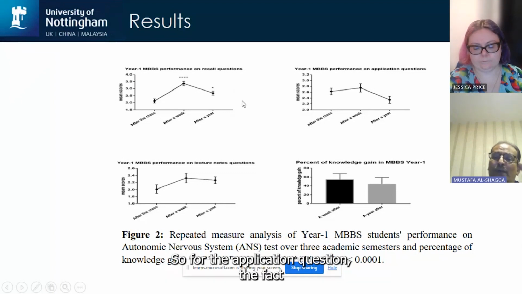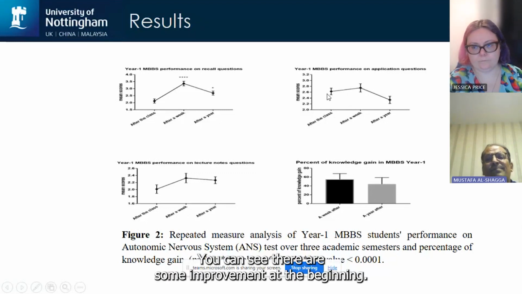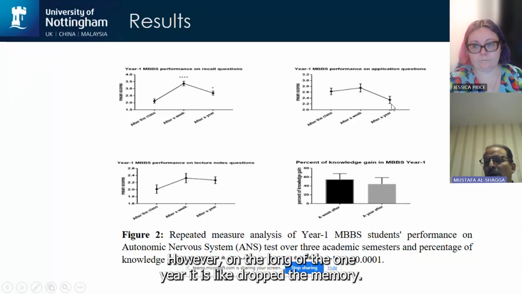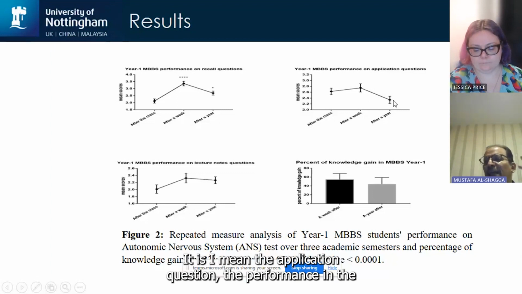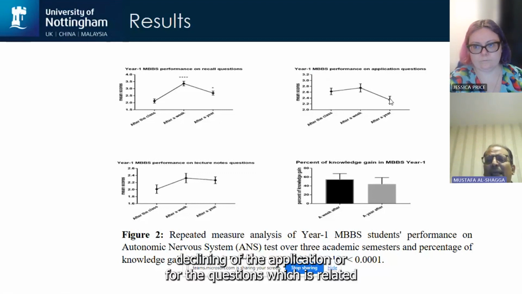For the application questions, measuring application, it is like a case study. You can see there is some improvement at the beginning. However, in the long run, after 1 year, it dropped; the performance on the application questions showed marginal improvement as well as marginal decline.